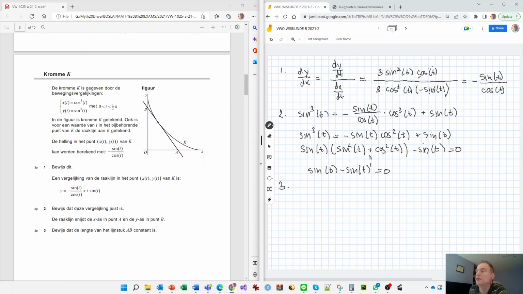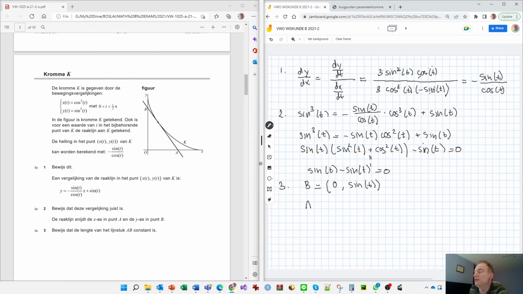Okay, well, let's calculate A and B. B is, of course, when x is 0. It's basically the intercept. This is the slope-intercept form, so it's kind of trivial that B has x equal to 0 and y equal to sine of t.